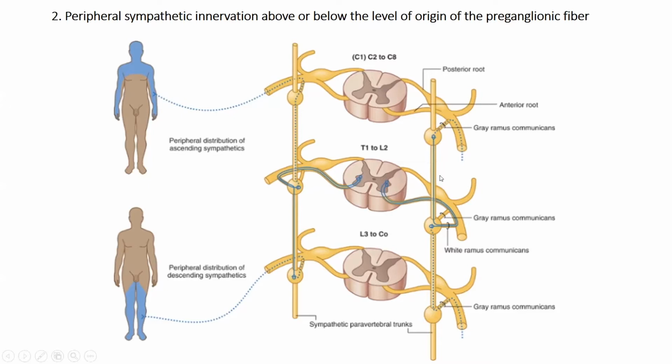So this ascending and descending fiber together with all the ganglia form the paravertebral ganglia. Here are the paravertebral ganglia, the sympathetic ganglia, or the paravertebral sympathetic trunk, which extends the entire length of the vertebral column.